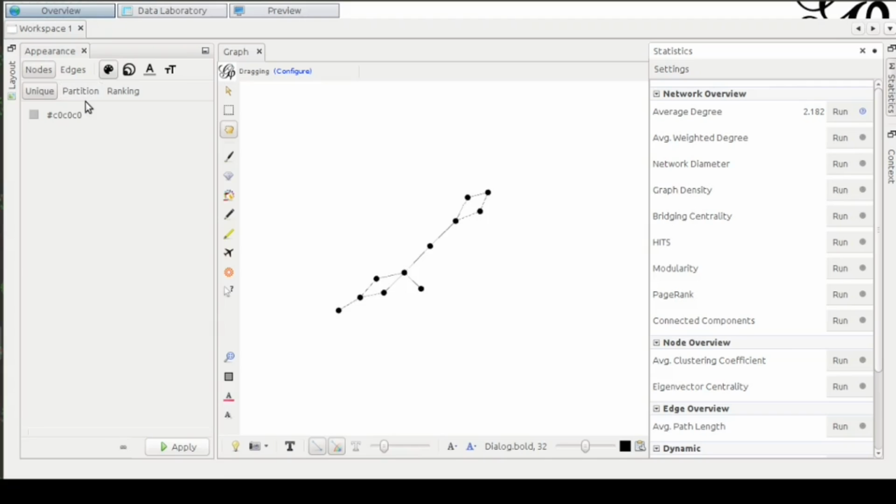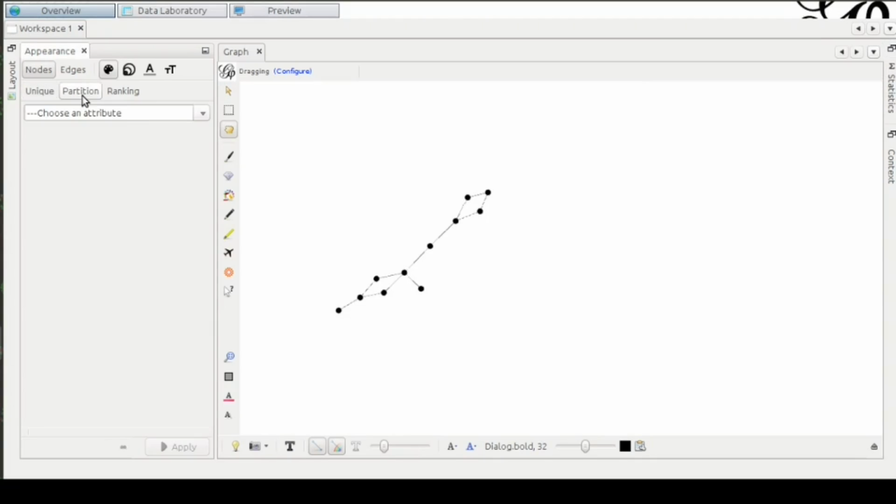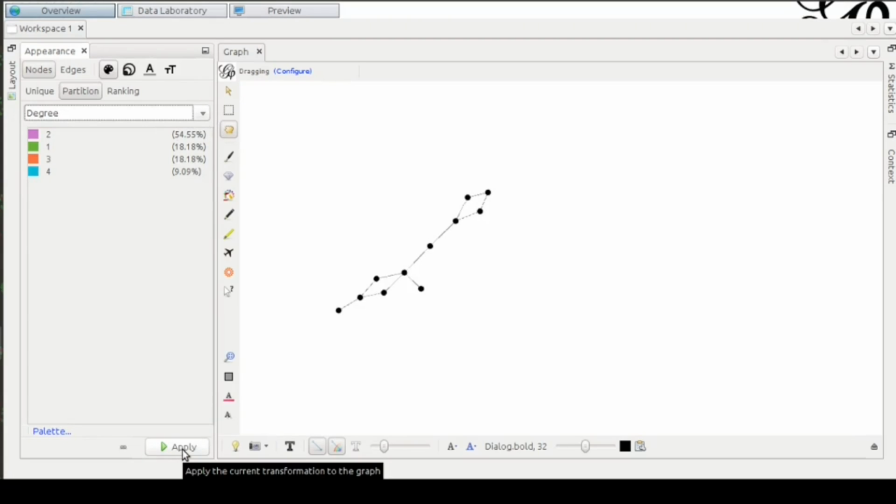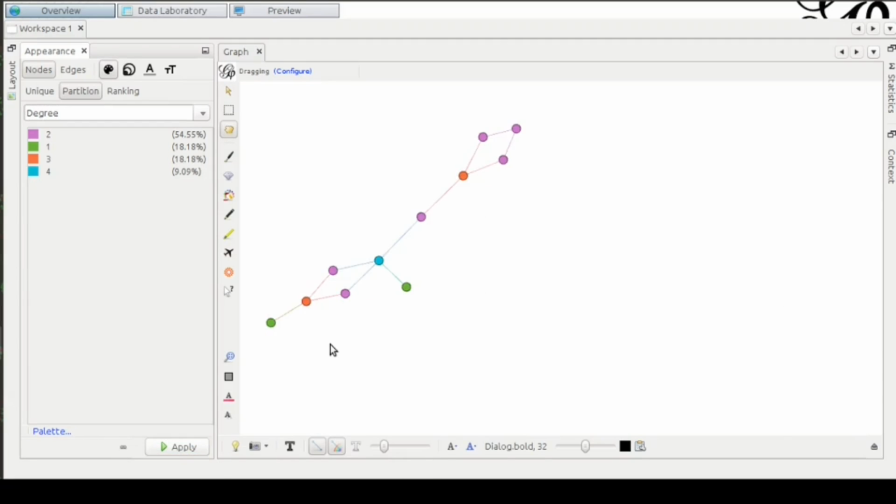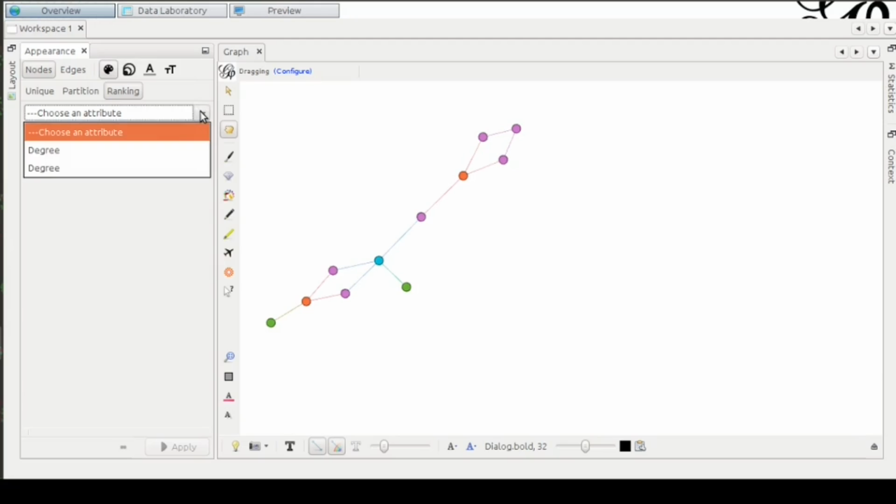We now can discriminate these nodes using a slight trick of GEPHI that is coloring each node according to a partition. Let's choose an attribute. The only attribute we have until now is the degree. We can apply, for example, this partition according to the number of edges entering or leaving each node. For example, now we have the nodes colored by the number of edges.